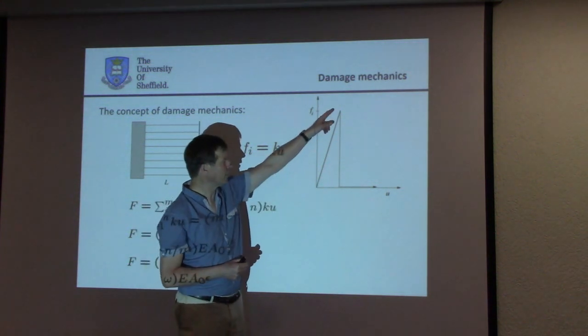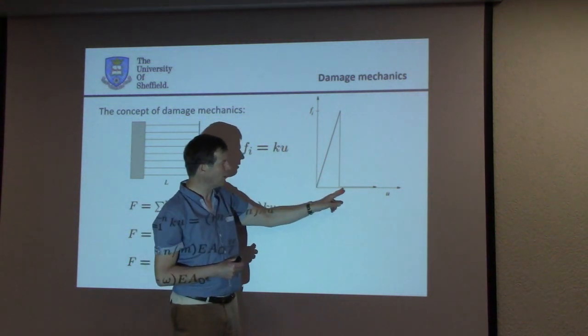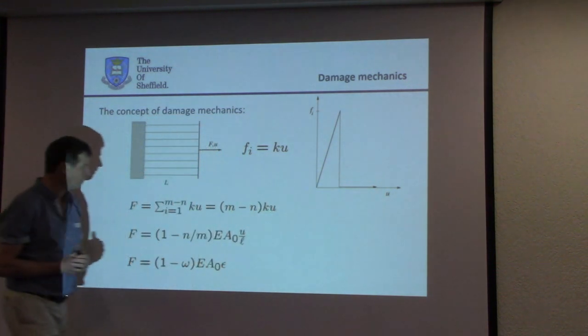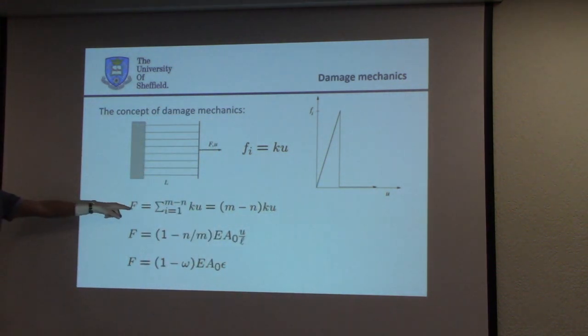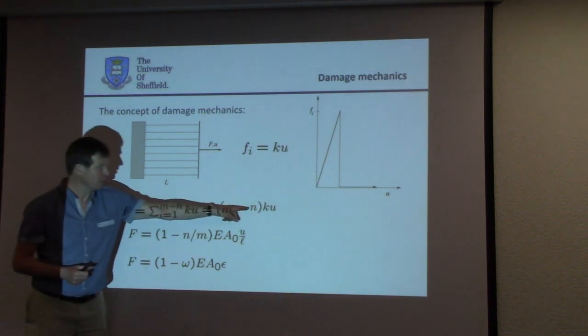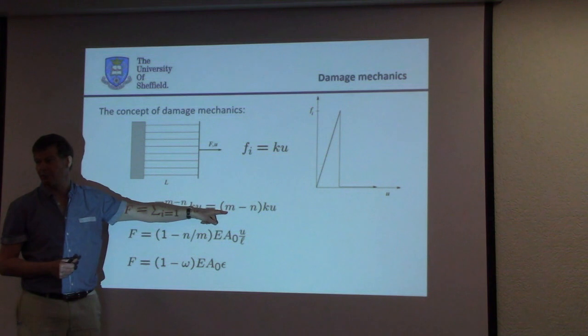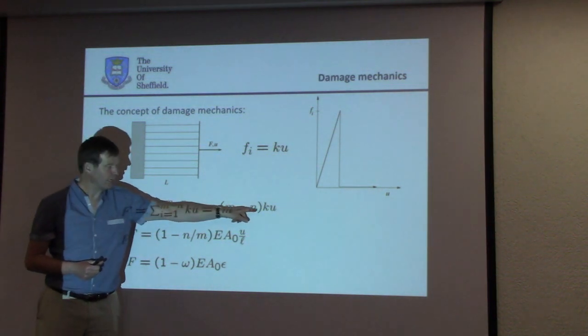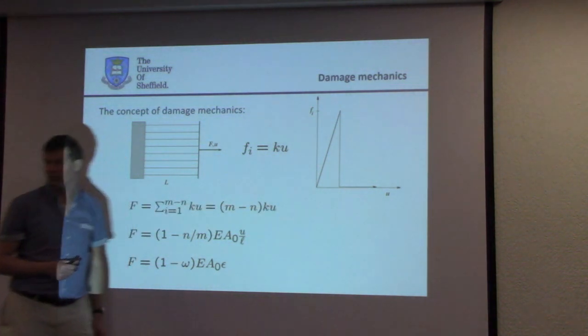So you go to a tensile strength of a bar and then go down to here. So the force at the moment that n bars of the m bars have broken is m minus n times spring stiffness times displacement.